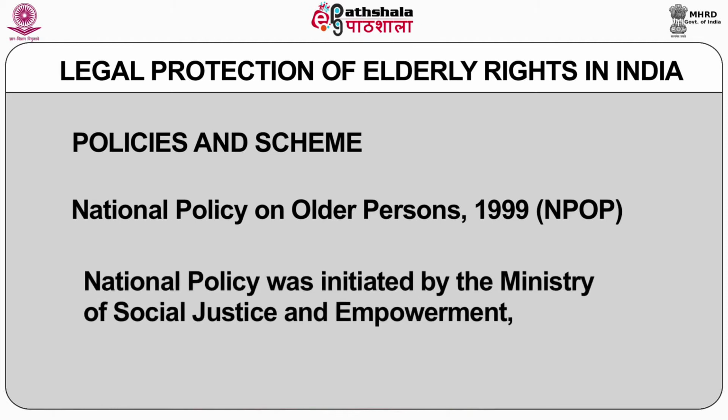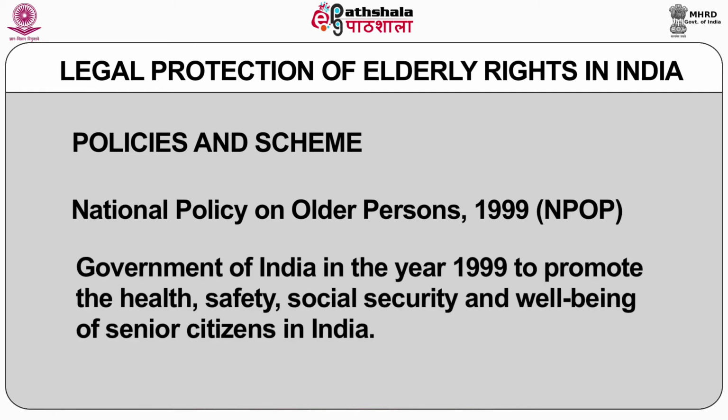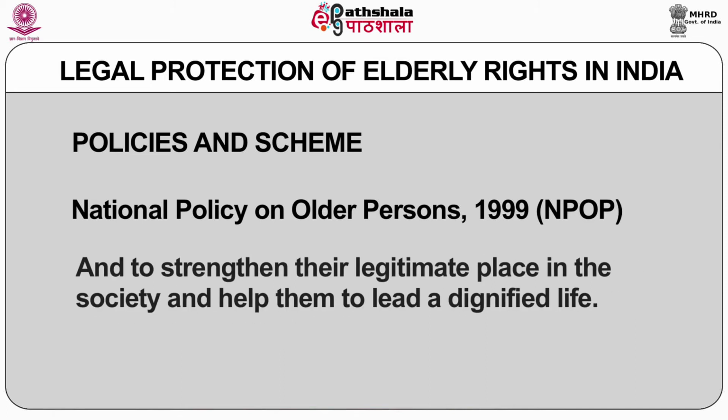A national policy was initiated by the Ministry of Social Justice and Empowerment, Government of India in the year 1999 to promote the health, safety and social security and well-being of senior citizens in India, and to strengthen their legitimate place in the society and help them to lead a dignified life.